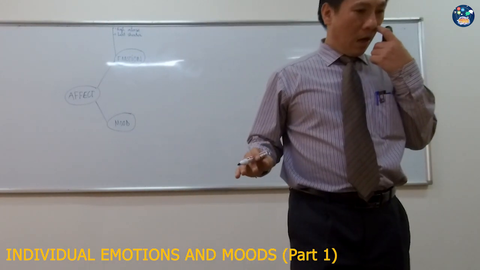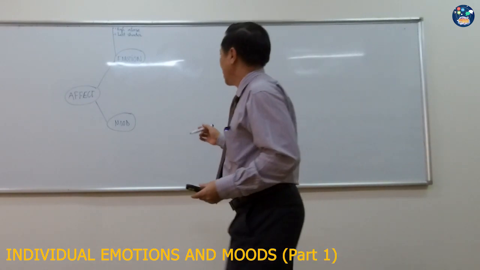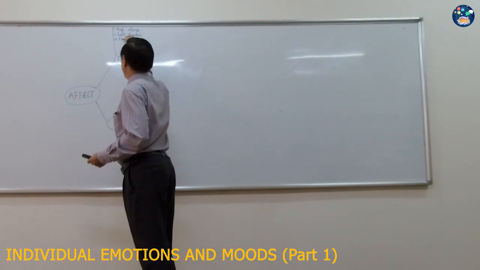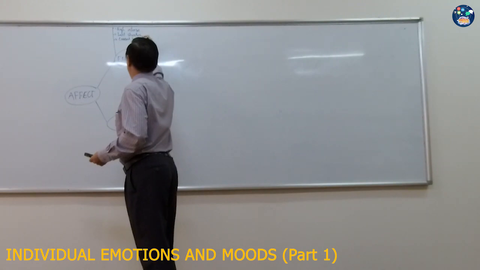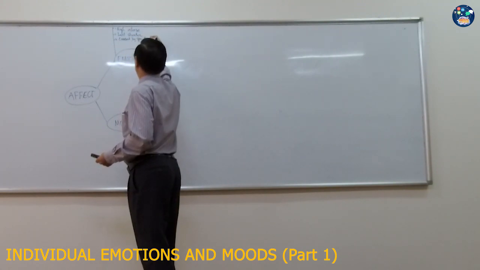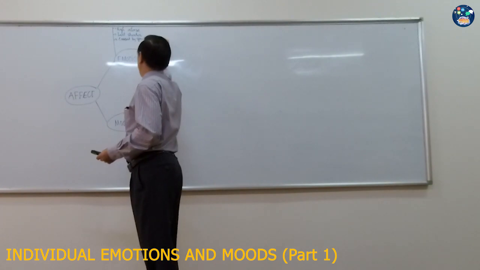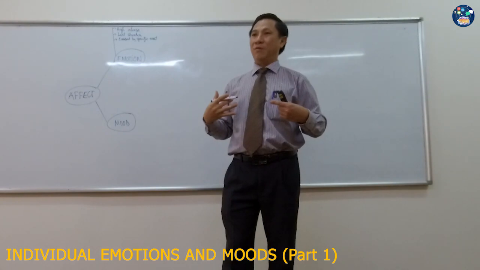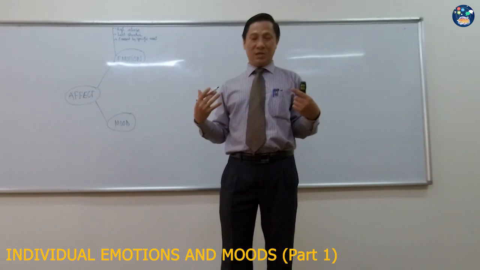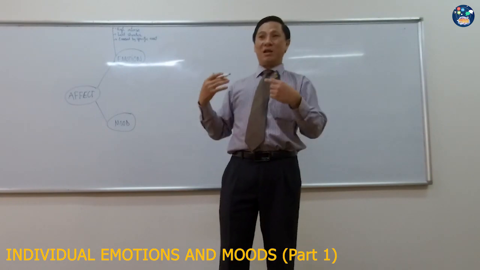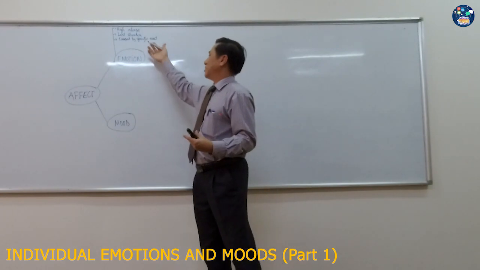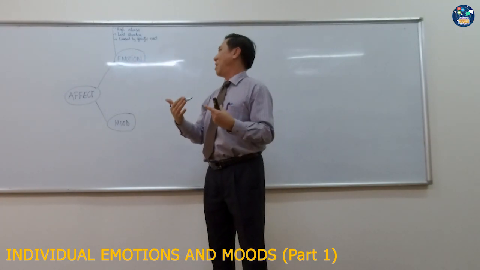And it is caused by specific events. Something happened and then it brings you to this emotion. For example, you are sitting, bored, but your darling comes. Wow, you jump up and feel happy. So the specific event is the coming of your darling.